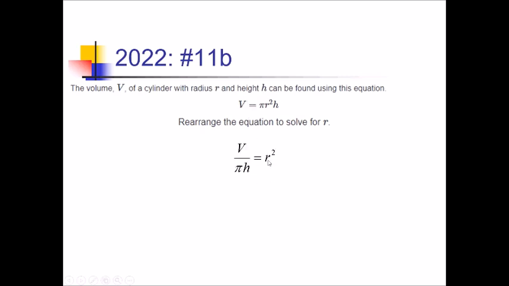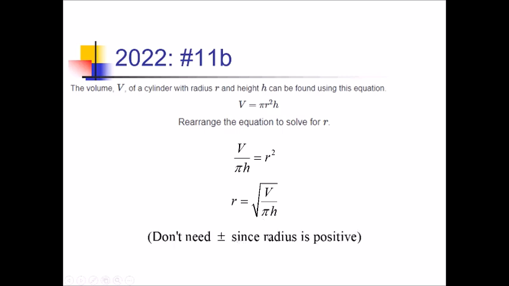And now to unsquare r, I have to take the square root of both sides. So I can write r equals the square root of this whole thing, v over pi h. And normally when you take the square root of an equation, you need a plus or minus. We don't need the plus or minus here. There's only a positive root because the radius is always going to be positive, so we don't need to write a negative.